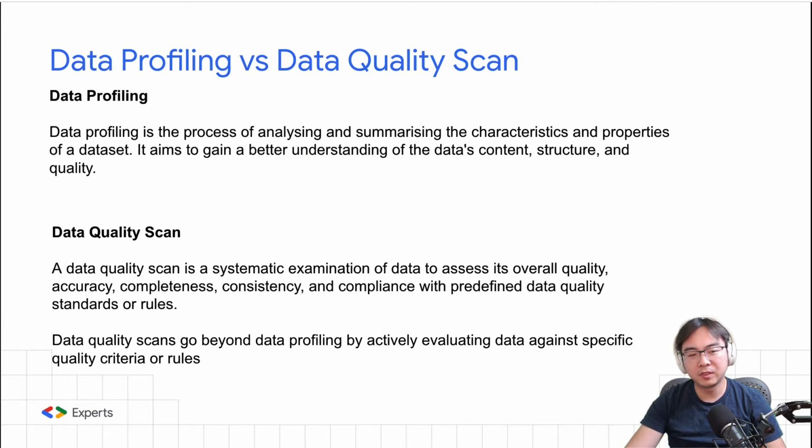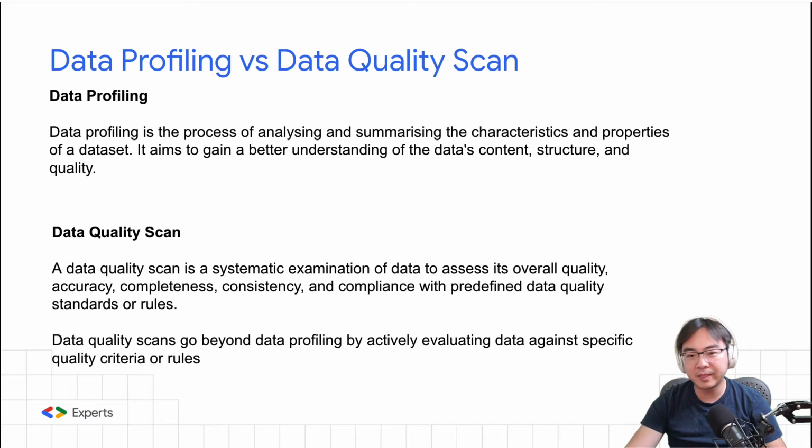So what is the difference between data profiling and data quality scan? Data profiling is a process of analyzing and summarizing the characteristics and properties of a dataset. It aims to gain a better understanding of the data's content, structure, and quality.